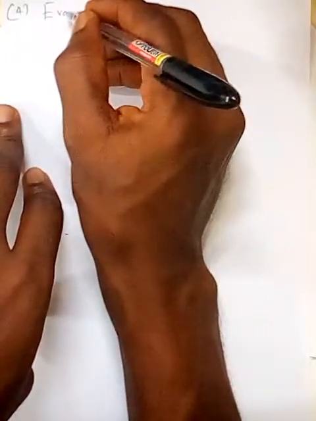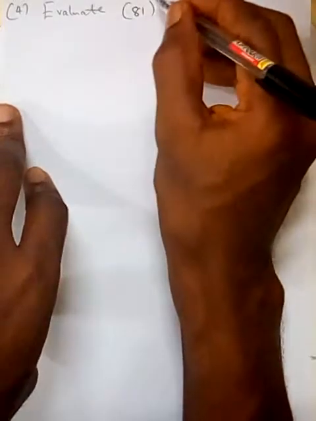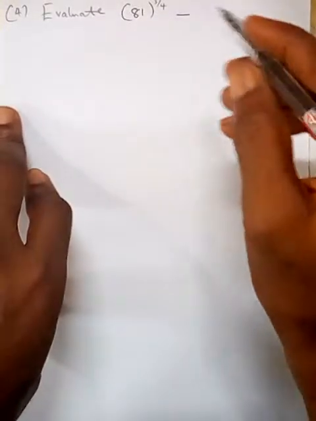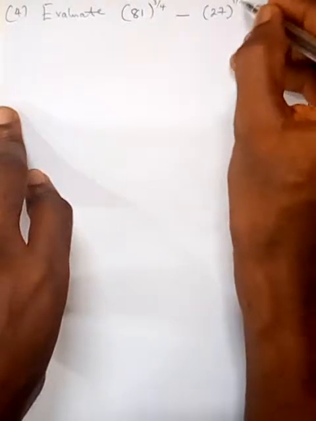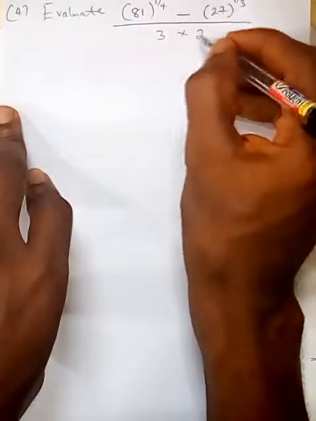Evaluate 81 raised to the power 3 over 4 minus 27 raised to the power 1 over 3, over 3 times 2 raised to the power 3.